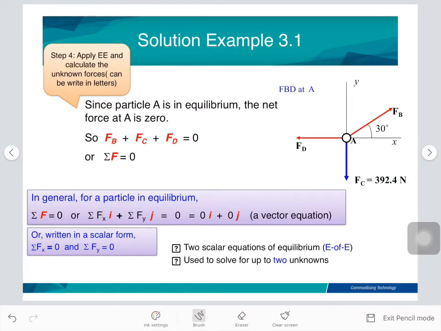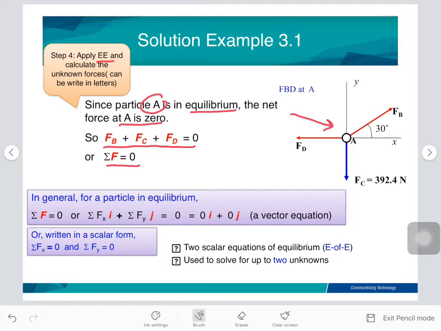Next step is to apply the equilibrium equation. So why can we apply the equilibrium equation? Because particle A is in equilibrium, the net force at A is 0. So we can assume that FB plus FC plus FD is equal to 0 based on this figure FBD. So we can apply that all the summation force is equal to 0 in general.